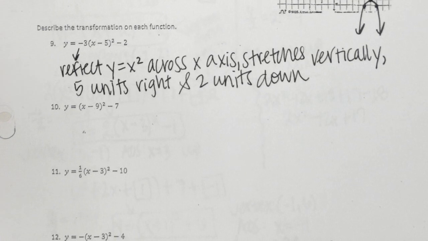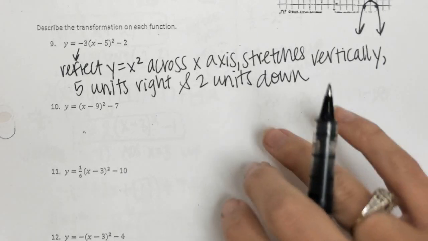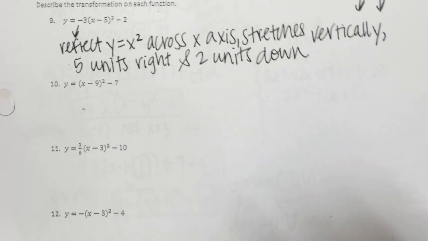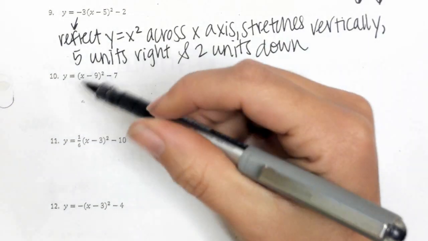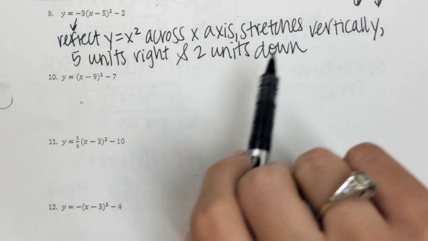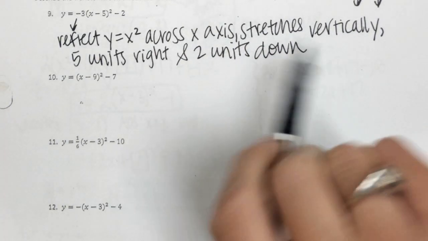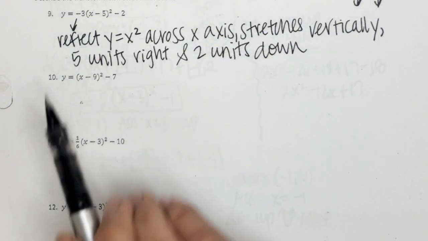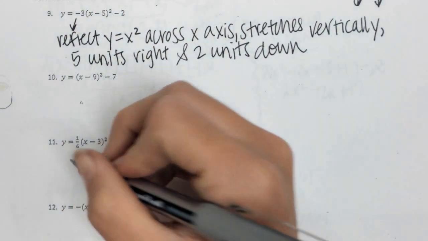Alright, we'll do one more together, and I'm guessing you'll probably want to do number 11 together, so we'll do that. And then I will have you do 10 and 12 on your own, then just check your answers. Alright, so 11, the 1/6 is on the outside, so it's going to change it vertically, just like this one, except this is smaller than 3, so it's going to compress or shrink.